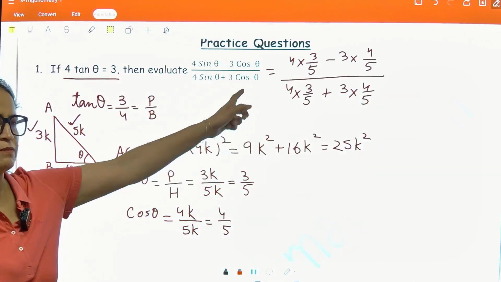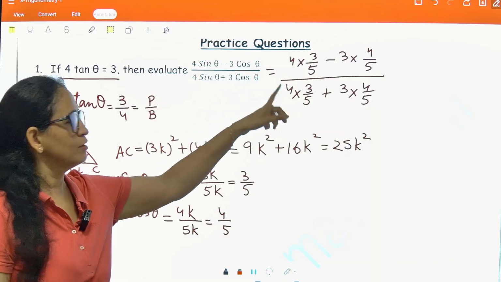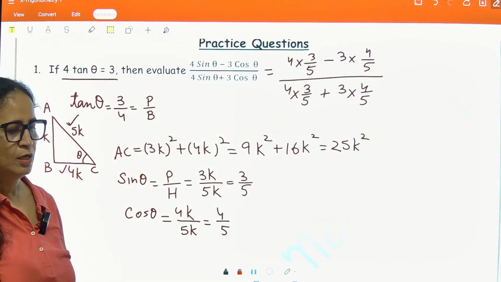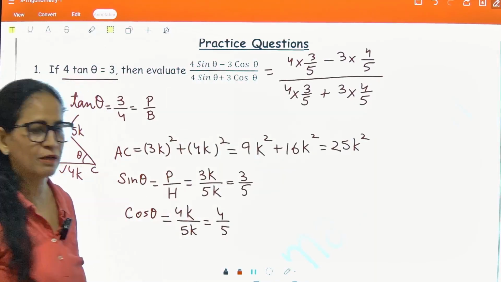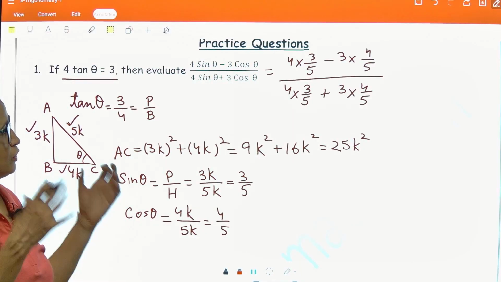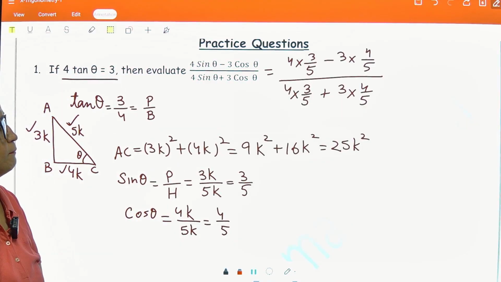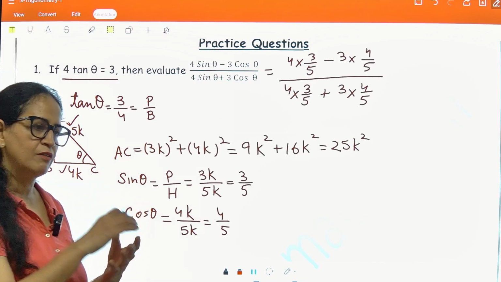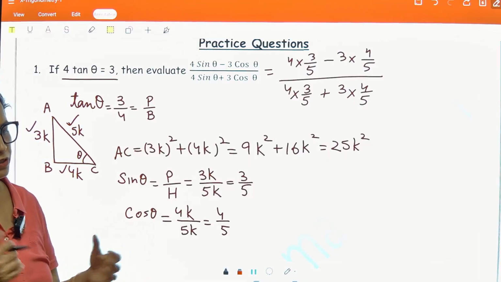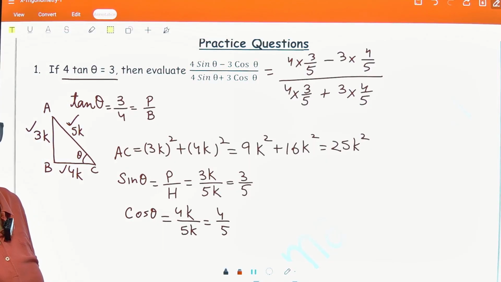Now a very common mistake here, please do not cancel 3 by 5 by 3 by 5 and 4 by 5 in the numerator with 4 by 5 in the denominator. Because in the numerator two quantities are being subtracted and in the denominator they are being added. You cannot cancel it like this. You need to first evaluate the numerator, evaluate the denominator, and only then you can do the cancellation.